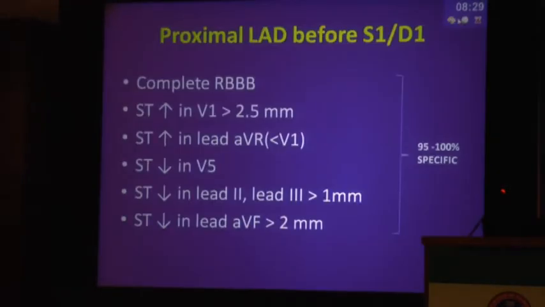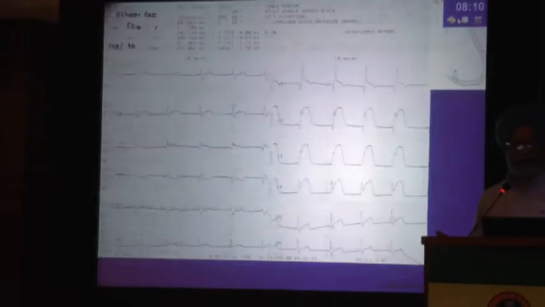So if you have any of these features, ST elevation in V1 of more than 2.5, ST elevation in AVR, ST depression in the basal inferior leads because the ST axis is moving upwards and the upper leads showing you ST elevation, if you just remember this particular fact, you can derive all these things.